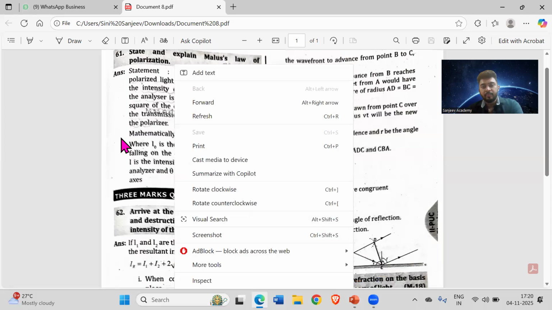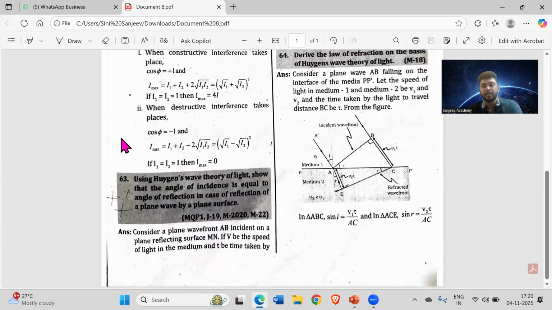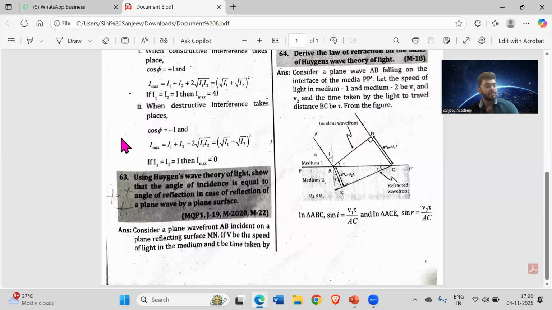Okay, let me just share the screen. So first and foremost, the most important thing in this particular chapter, okay, I think only one page has come. But that's okay, I'll share the remaining also.